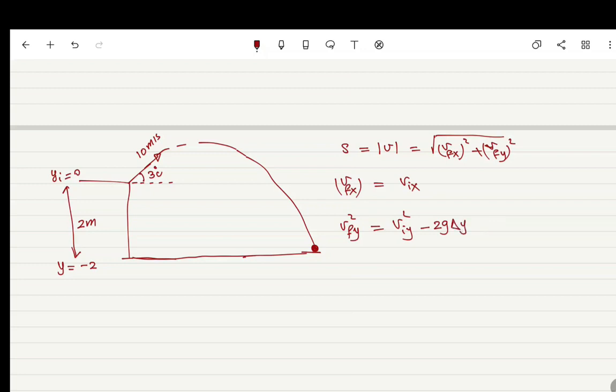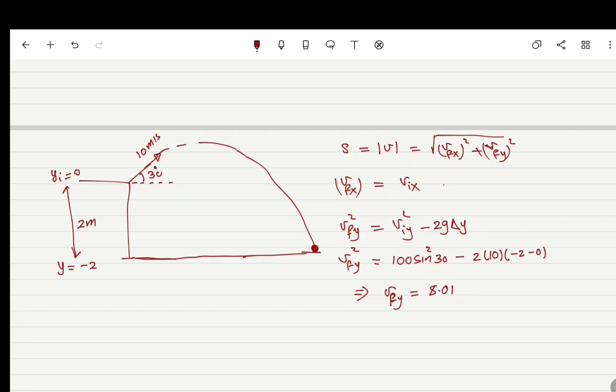In this case here, it's 100 because it's 10 sine 30 square, minus 2 times 10 times (-2 minus 0), equal to v final y square, and simply you will find v final y equal to 8.01.